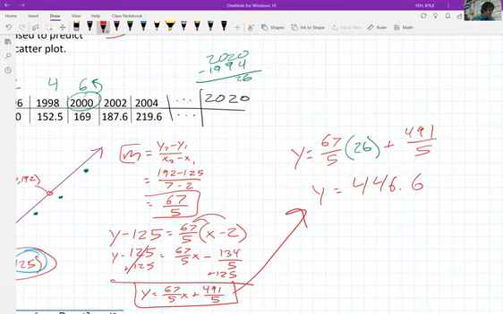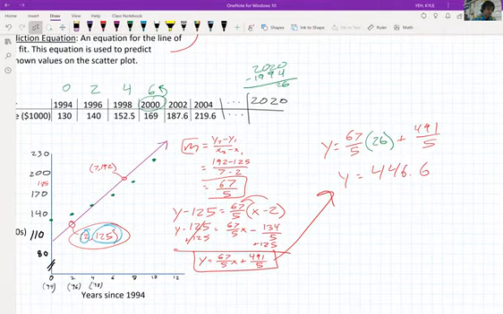Well, that's saying that the median home price in 2020, if this trend continues, would be almost $450,000. Does that seem to work out? Yeah, I mean, it seems like it's going up pretty rapidly. In 10 years, it went up by $90,000.